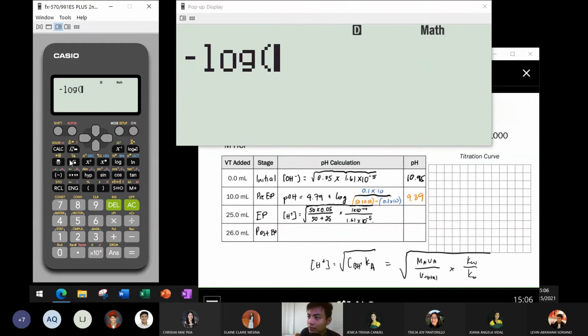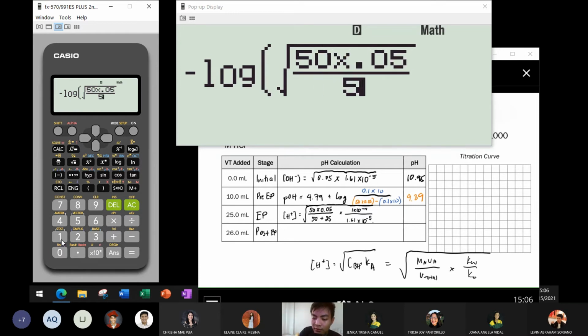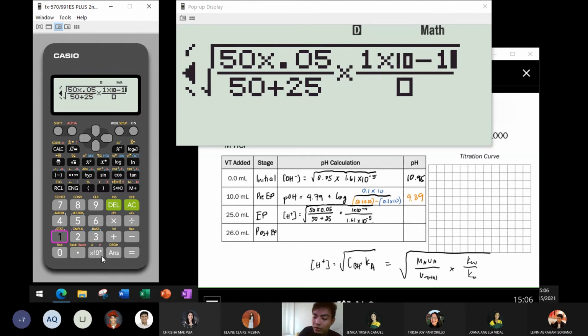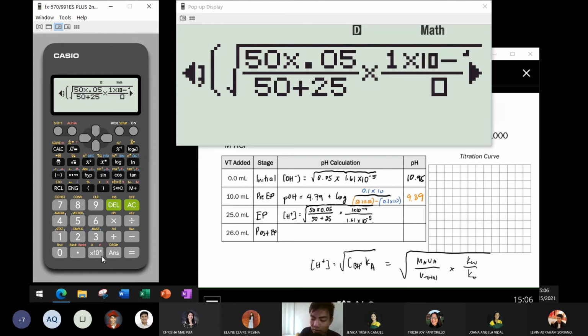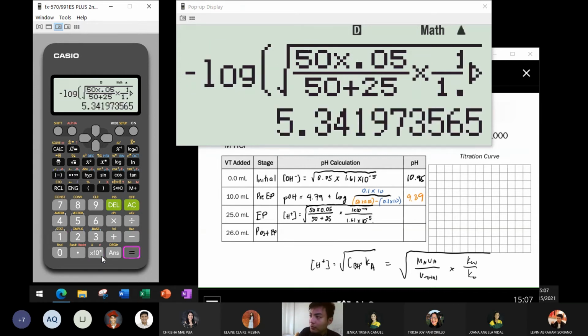Okay, so that's negative log square root of 50 times 0.05 divided by 50 plus 25. Then multiply natin yan sa 1 times 10 raised to negative 14 divided by 0.61 times 10 negative 5.